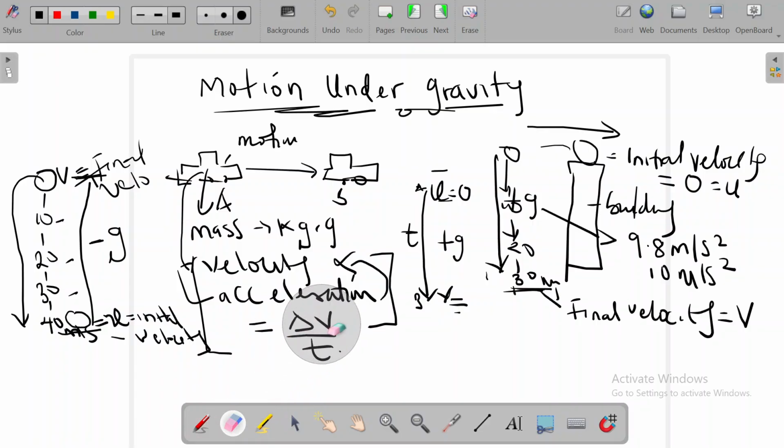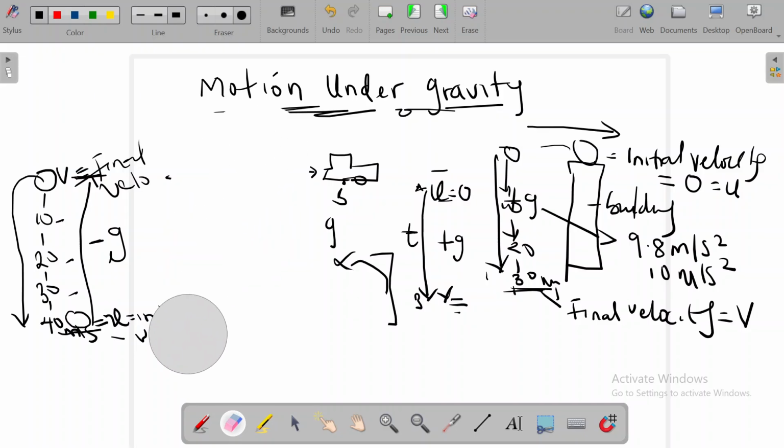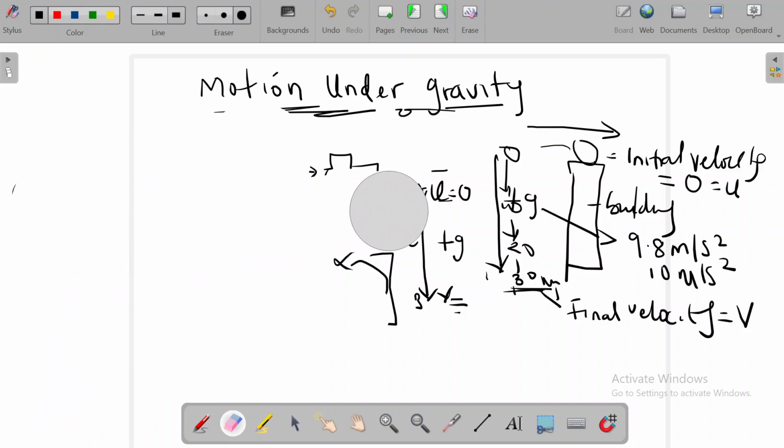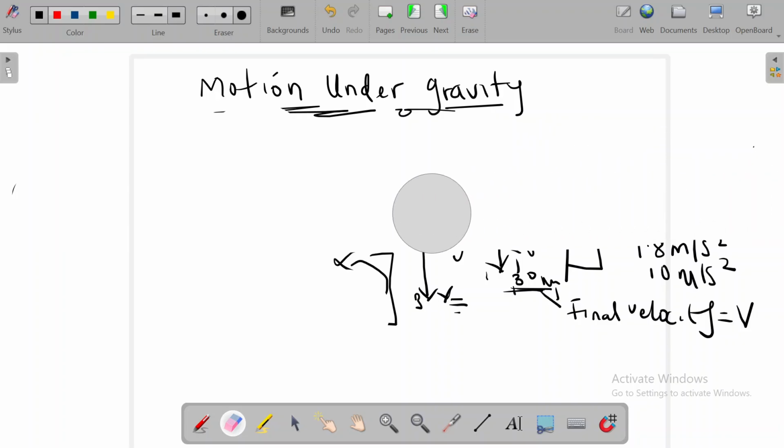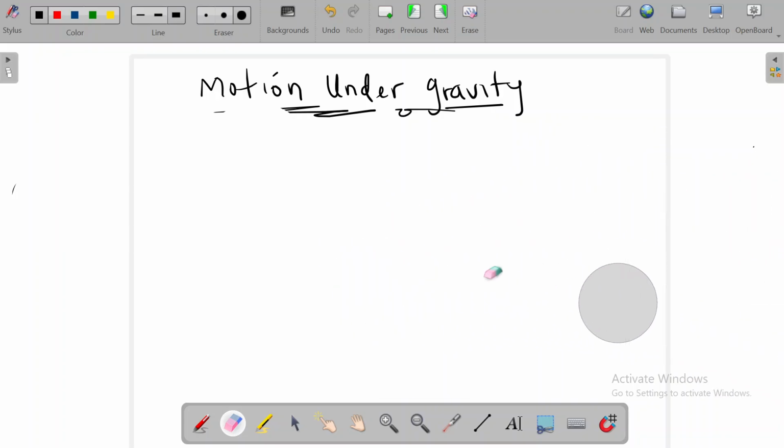So I can confidently say that when an object is under the influence of gravity, we have some key things to take notes.